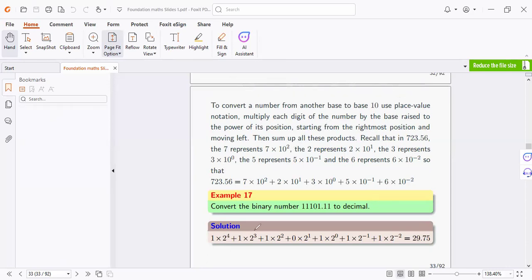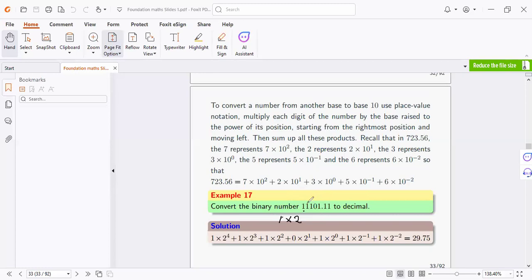Now, I want to convert this binary number to decimal. And again, we're just using those place values. We are multiplying by that base. So the base is 2. I want to convert it to base 10. So we multiply by 2.